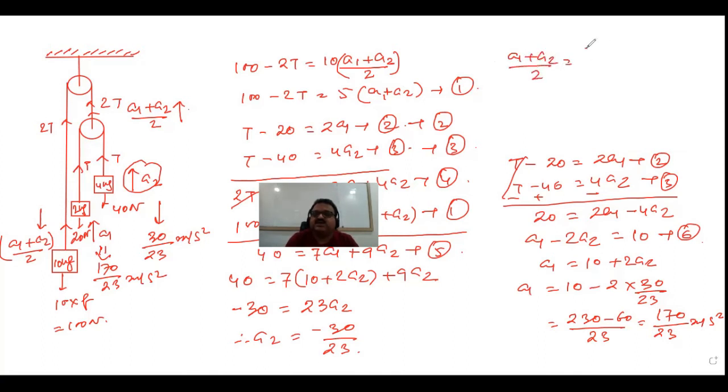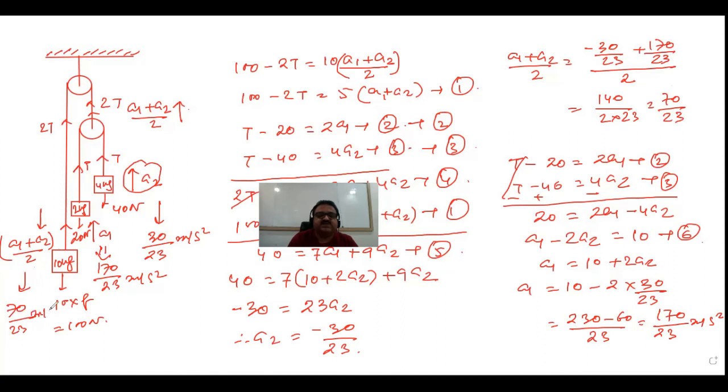It is minus 30 by 23 plus 170 by 23 divided by 2, which is equal to 140 by 2 into 23, that is 70 by 23 positive. That means this mass is moving down with an acceleration of 70 by 23 meter per second square.